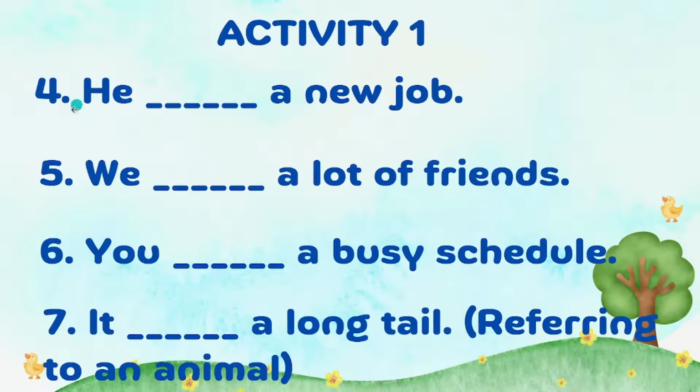Number 4, he. It's very simple. He, what? Of course, it's has, because he, she, it should be followed with has, the irregular verb. He has a new job. Okay?